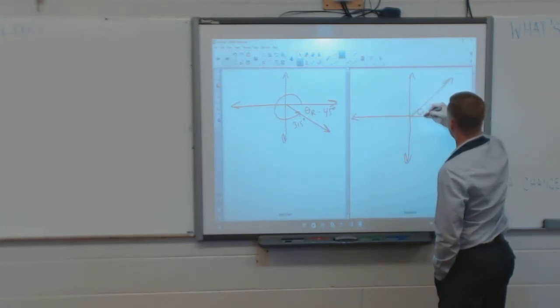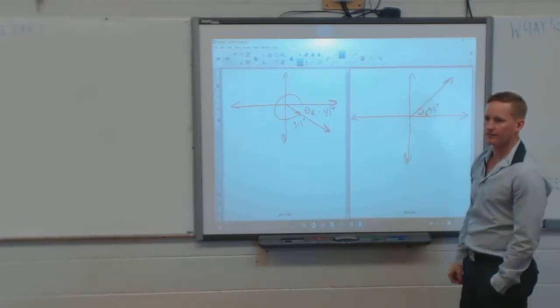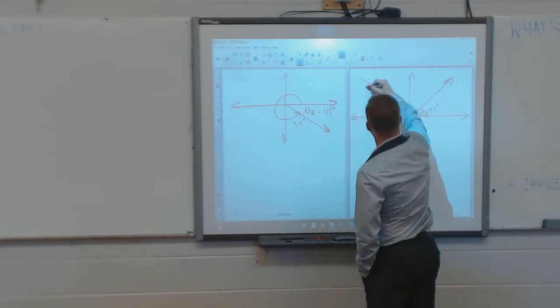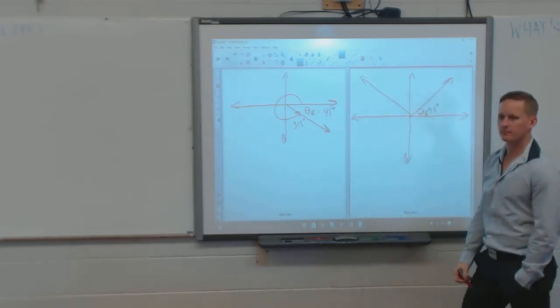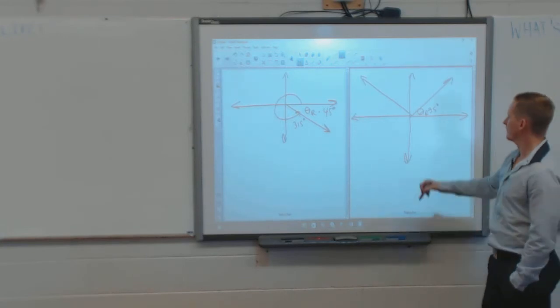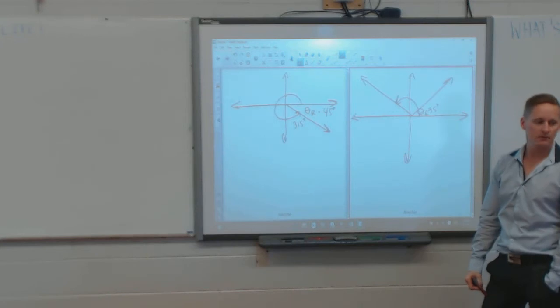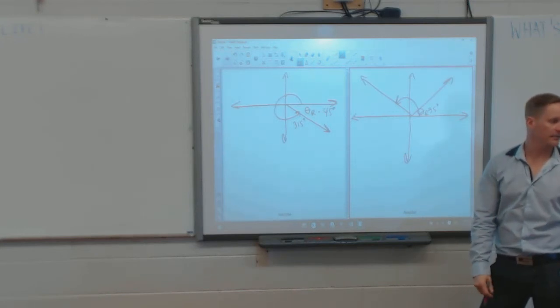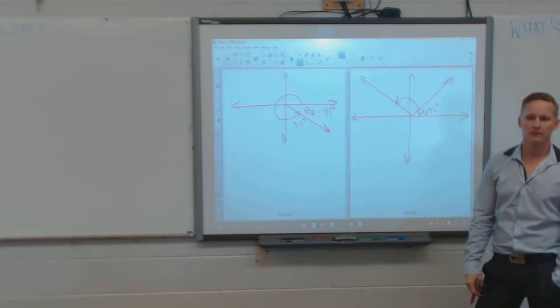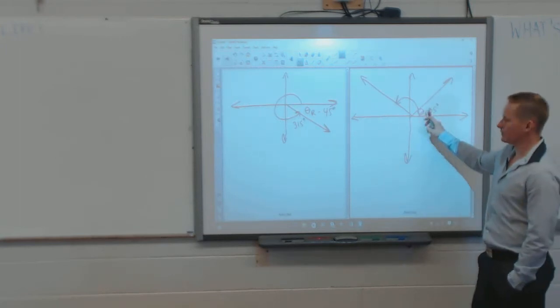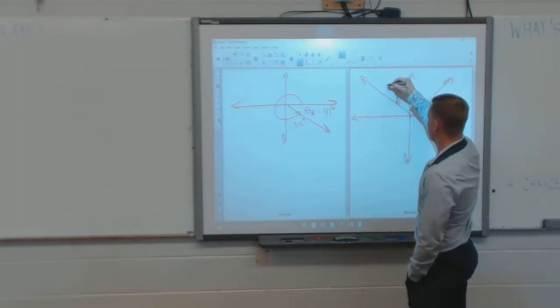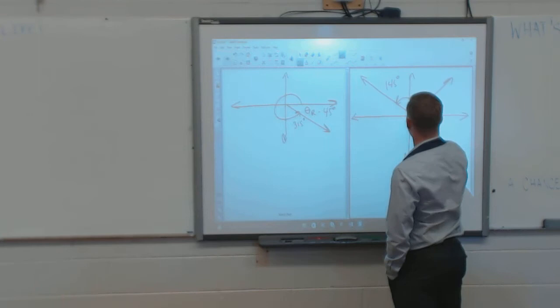That's my reference angle. Right? What does that make this angle over here? How do I get that angle? 180 minus your reference angle. You're right. Okay, good. So that's 145 degrees.